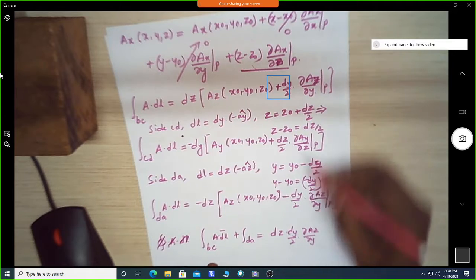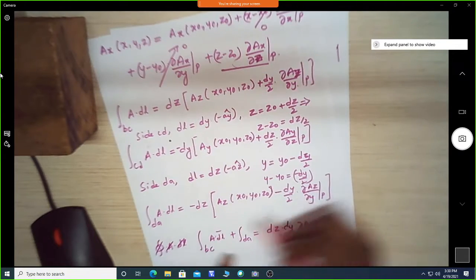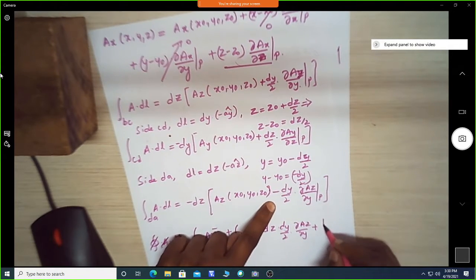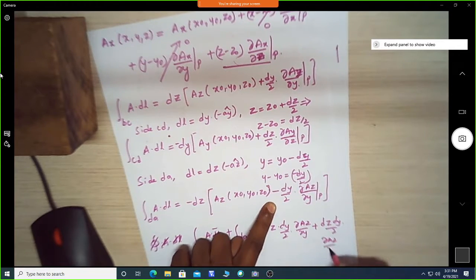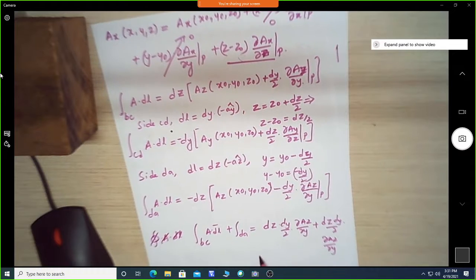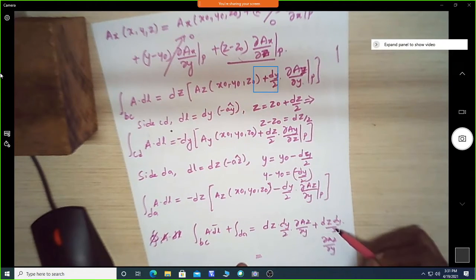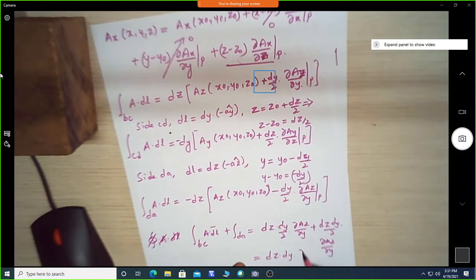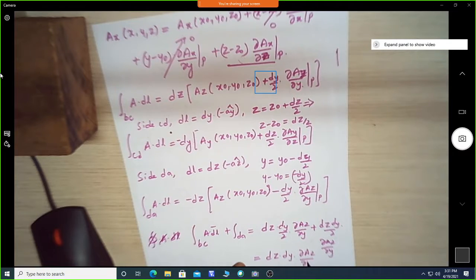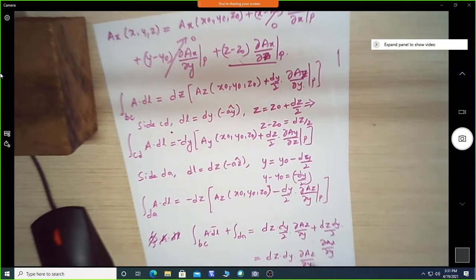Plus, minus into minus is plus, this one dz dy by 2 into del Az by del y. So on addition it will give dz into dy into del Az by del y.